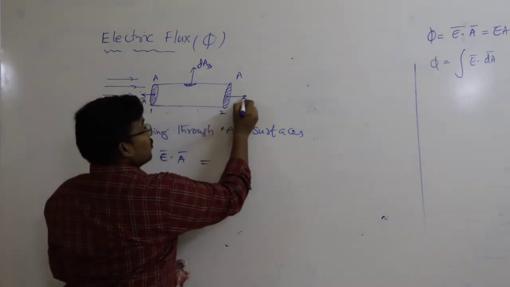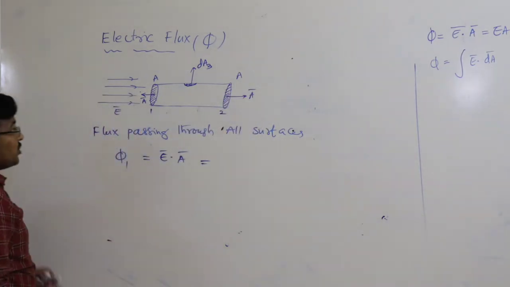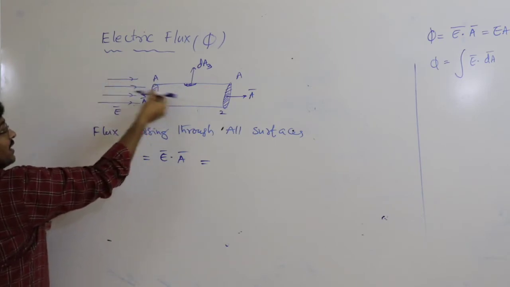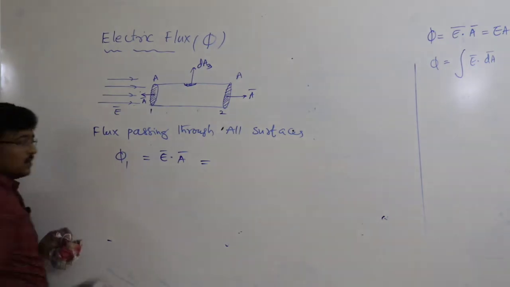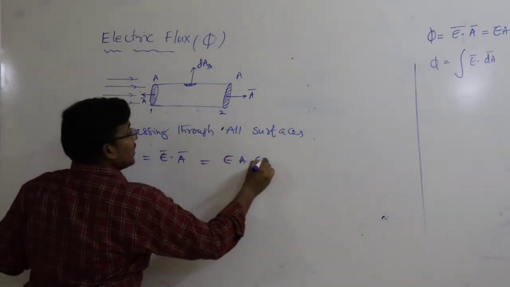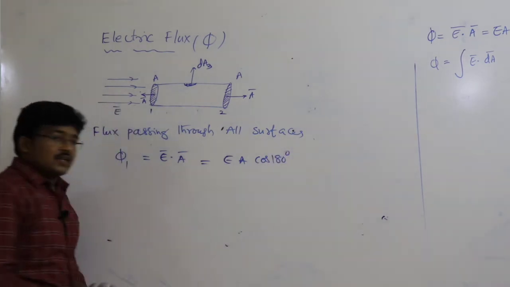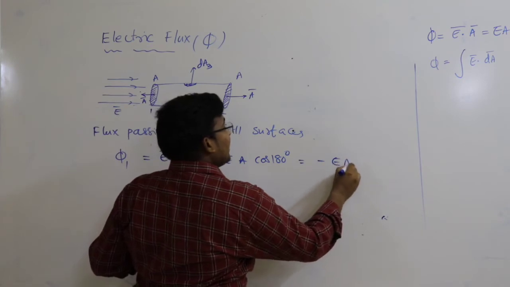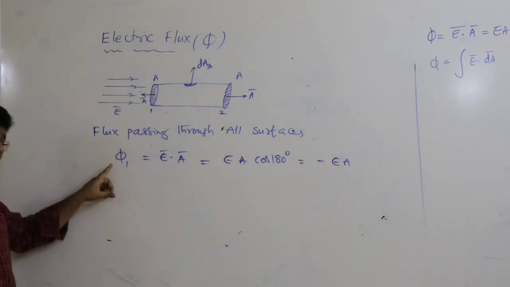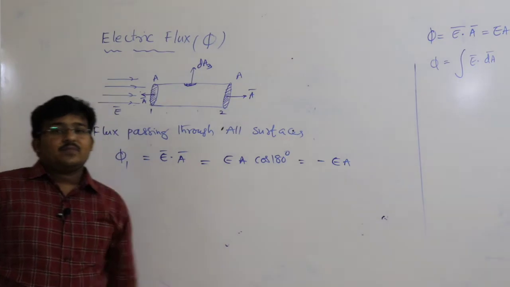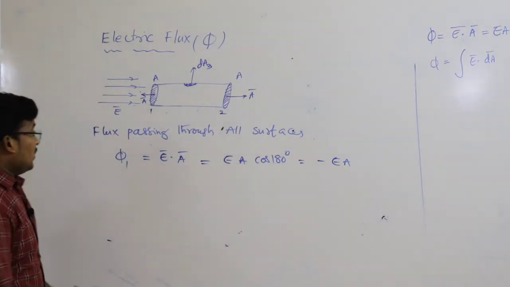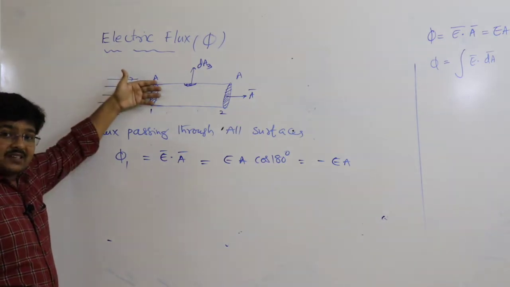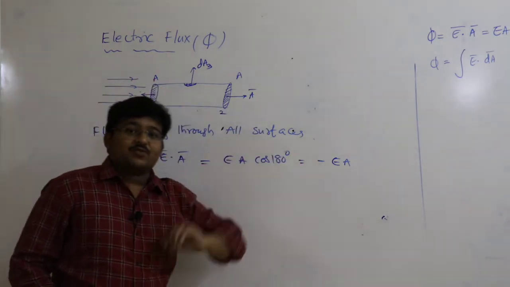Now for this surface the electric field is like this, A is like this, and the angle between them is 180. So EA cos 180 degrees. As cos 180 degrees is -1, this is minus EA. So the flux is negative. It means if it enters, you take the flux as negative.